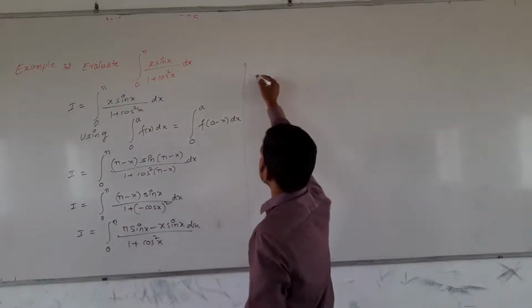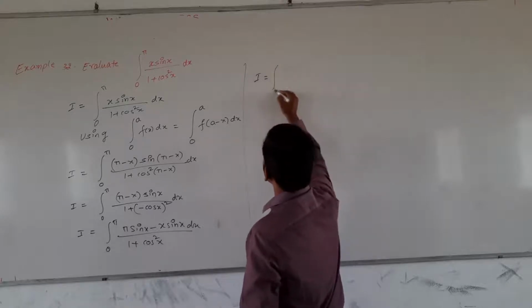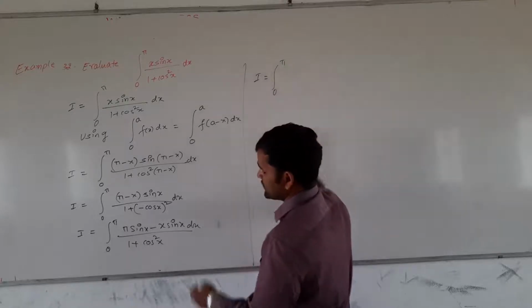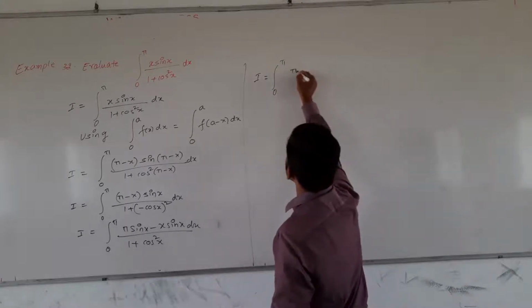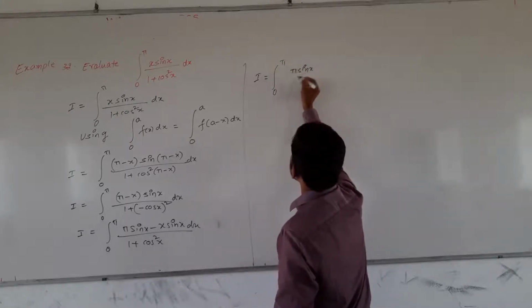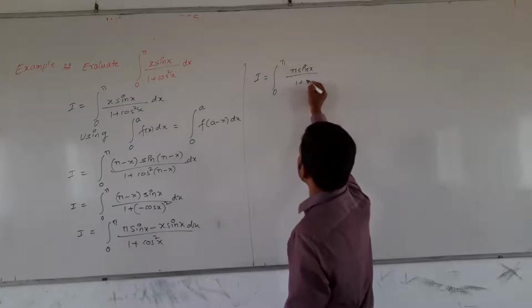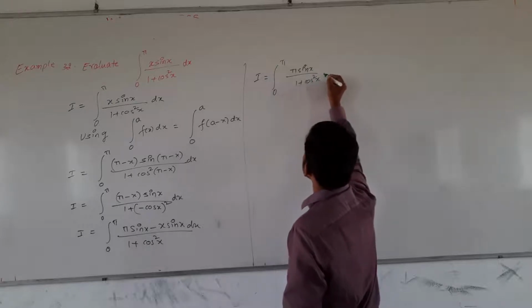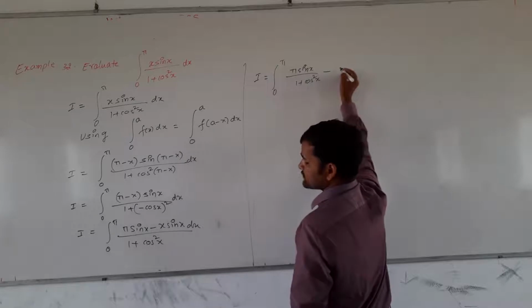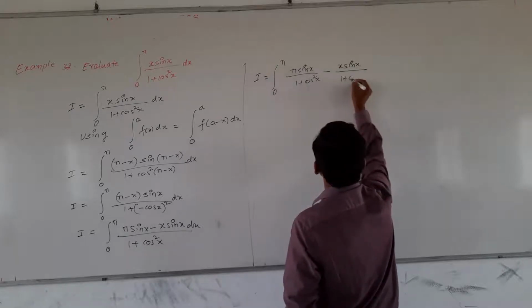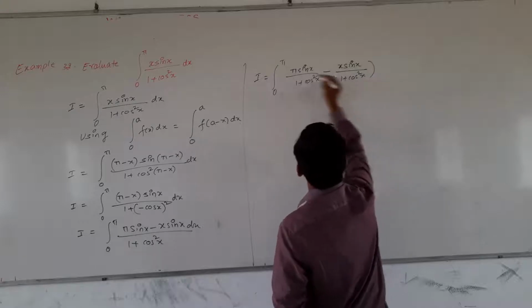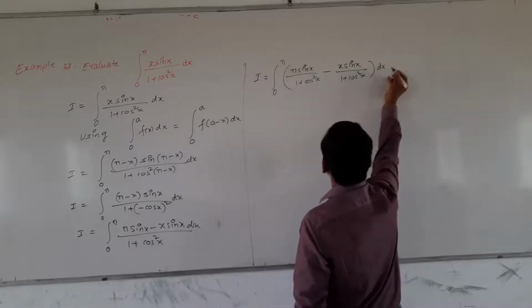Let me write it as a sum of two functions. First one is pi into sin x by 1 plus cos square x, minus the second one, x into sin x by 1 plus cos square x, whole integral with respect to x.